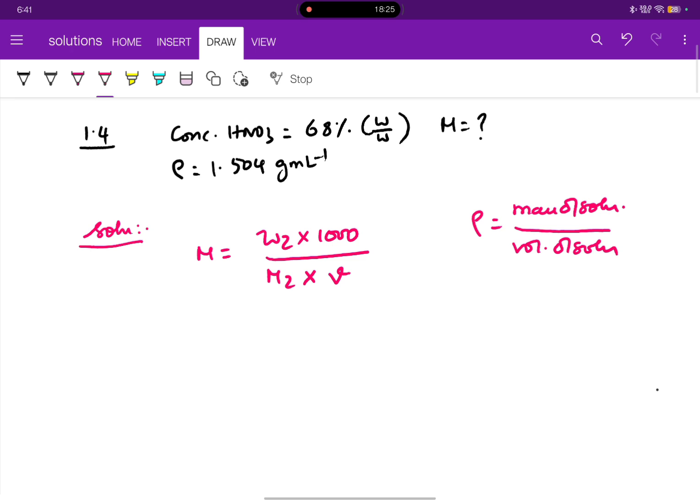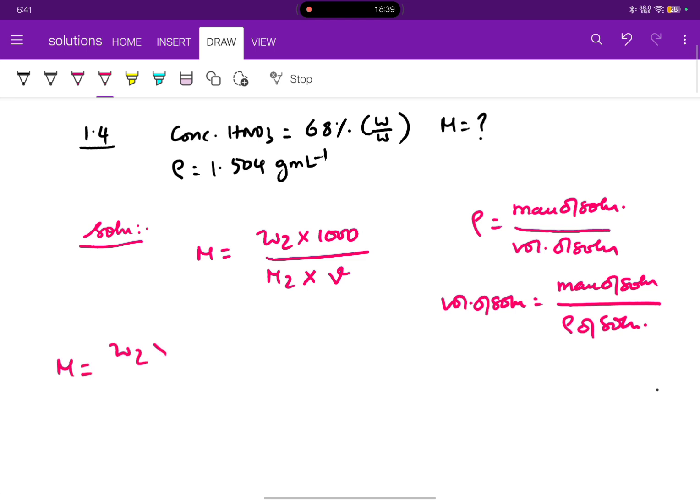So volume of solution is equal to mass of solution by density of solution. So now you replace the formula. So M is equal to W2 into 1000 into density of solution divided by M2 into mass of solution.